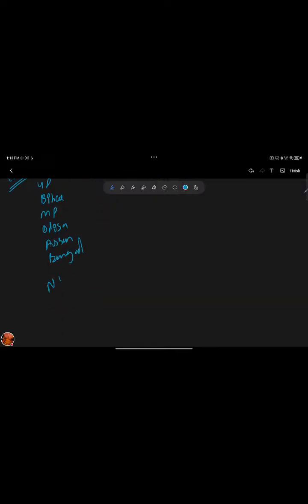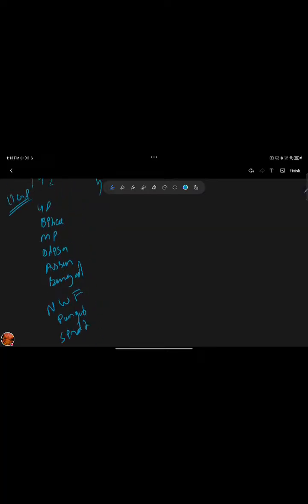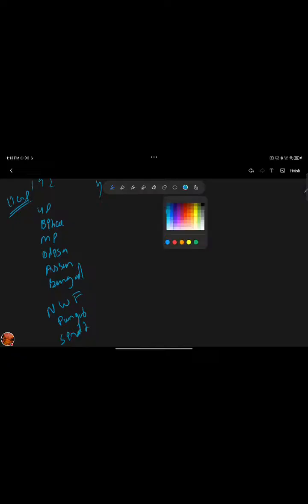You can remember it like this: UP and Bihar are together, Madhya Pradesh is in the middle, then Odisha, then Assam, then Bengal.